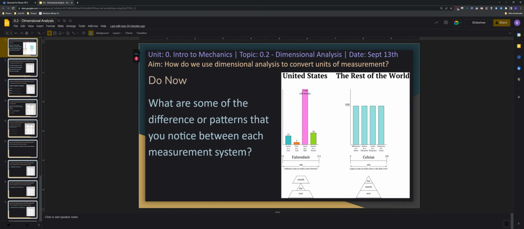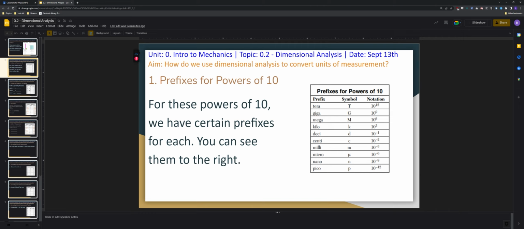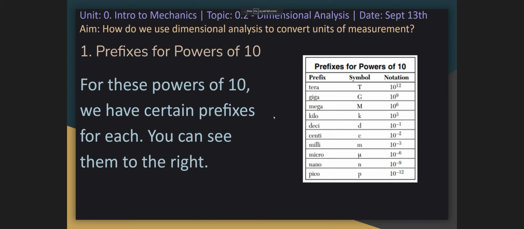All right, and so I'm actually gonna skip the do now. So the prefixes. Right, so on your reference table on the bottom left hand corner, you'll see all the prefixes. You'll see tera beginning, and then giga on the second row, and then mega on the third row, kilo, deci, centi, milli, micro, nano, and pico. And they all mean something different.